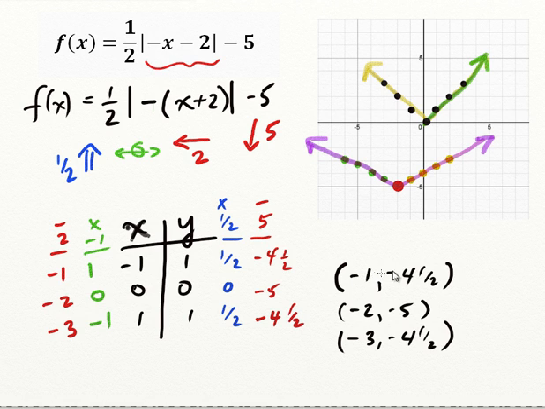-1 and -4.5. So there's -1 and -1, 2, 3, 4.5. That point right there. So that is on. -2 and -5. Well, there's -2 and down to -5. That's that anchor point. And -3 and -4.5.